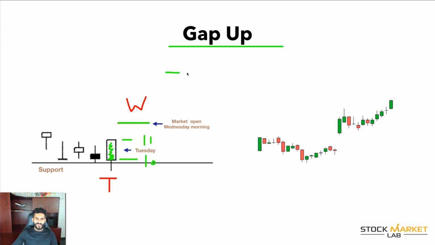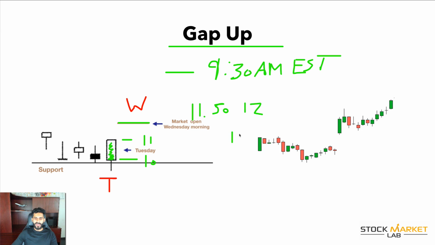Open meaning the first transaction at 9:30 a.m. Eastern Standard Time, when the market opens. The first transaction would have to happen above 11. So let's say 11.50, let's say 12, let's say 13. Whatever number above 11 will be considered a gap up. And it would look something like this. There's no trading activity during normal market hours at this point. That's why there's a gap up.